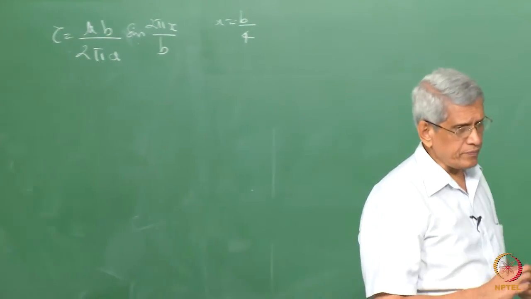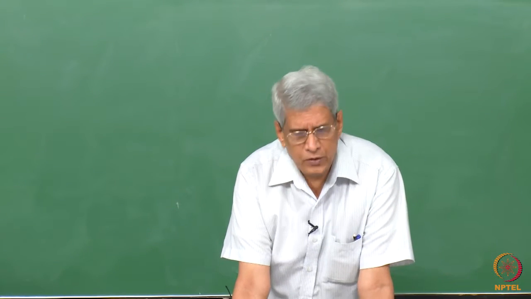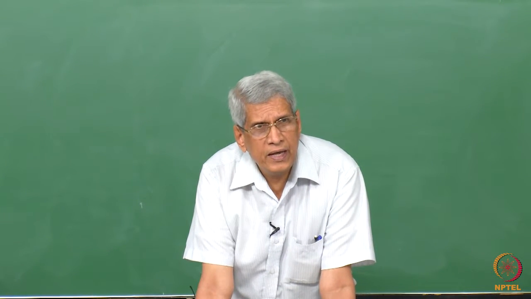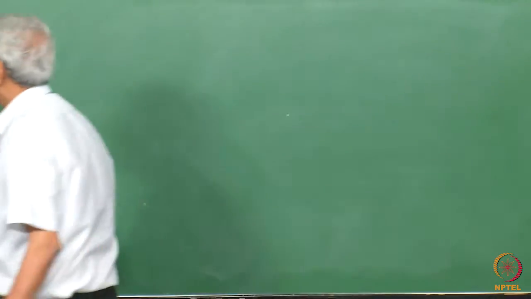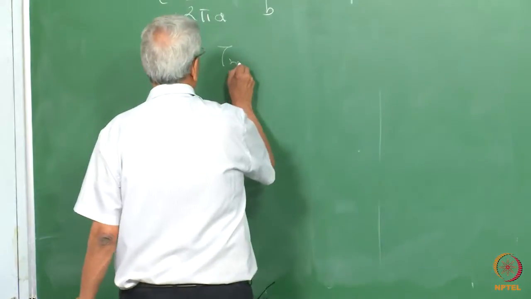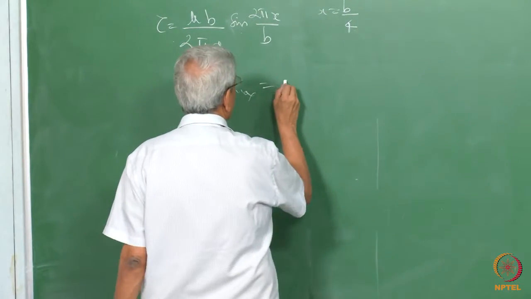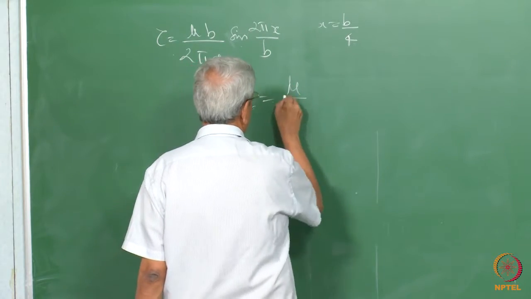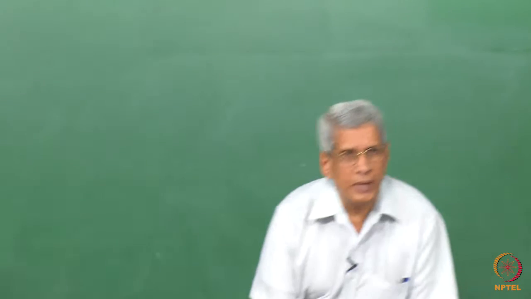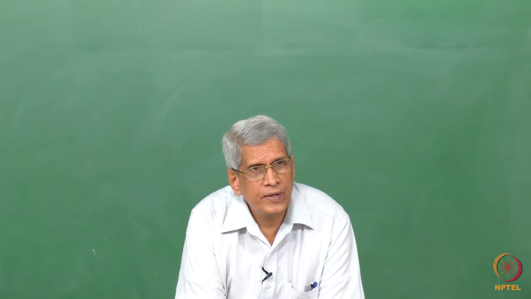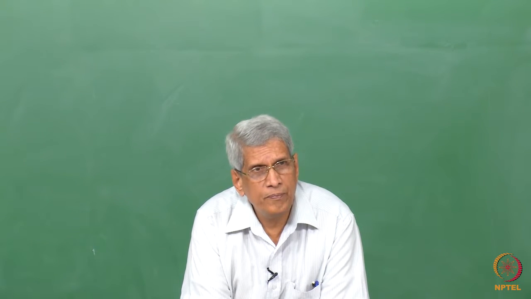If we take b equal to a, an assumption that they are almost of similar order, then the maximum value of the stress required to cause deformation turns out to be mu by 6. There are some refined calculations which give values of mu by 10 or mu by 30. That is the stress required for a sample to be deformed.